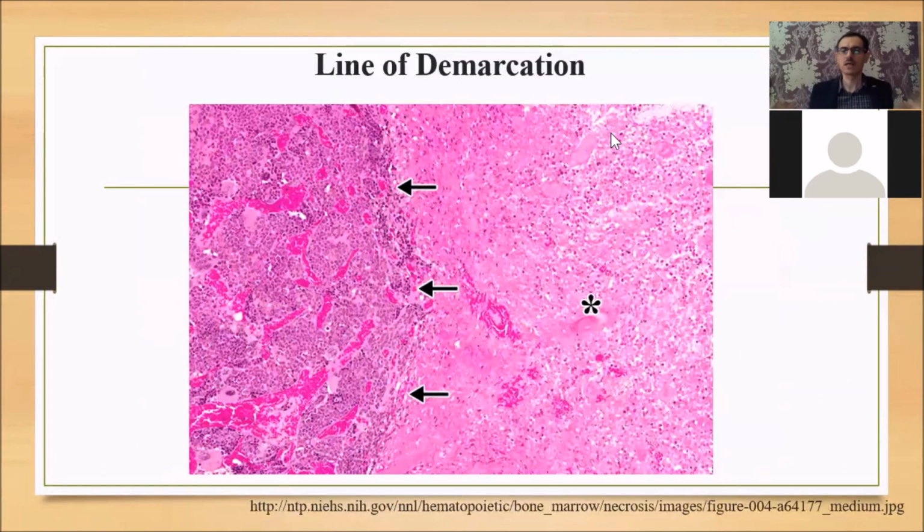During necrosis, inflammation develops around the necrosis. We can see the necrotic area here. This is a biopsy taken from the bone marrow, and here we see the hemopoietic cells with the sinusoid capillaries, and here the necrosis of the bone marrow, and between them, this is the line of demarcation.